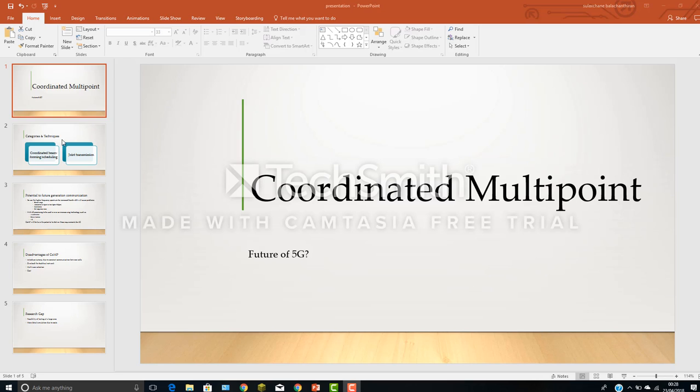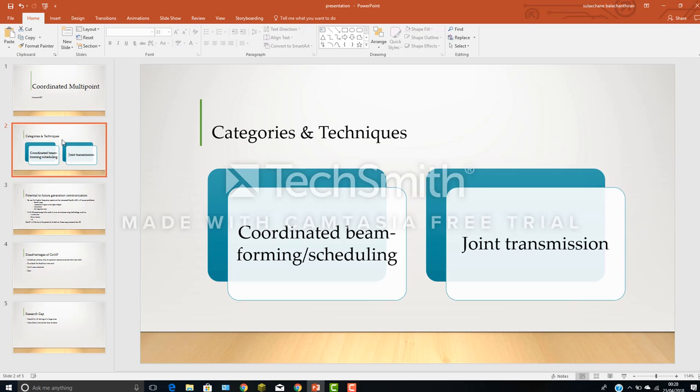And there are two main types of coordinated multipoint. One which uses beamforming and scheduling, and the other one joint transmission. Joint transmission is when basically three or more cells unite and transmit at the same time, which adds more stress or workload to the backhaul.